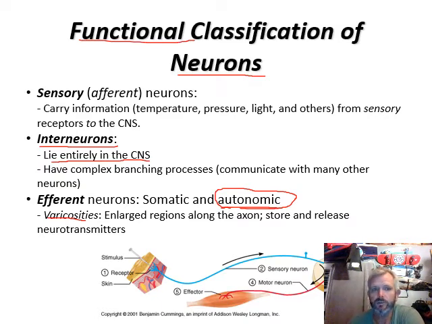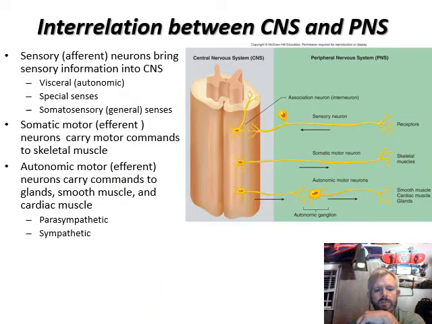So here's the overall flow or connection between these neurons. We have the sensory neuron, usually with some kind of receptor at this end that picks up the stimulus and brings that information in.